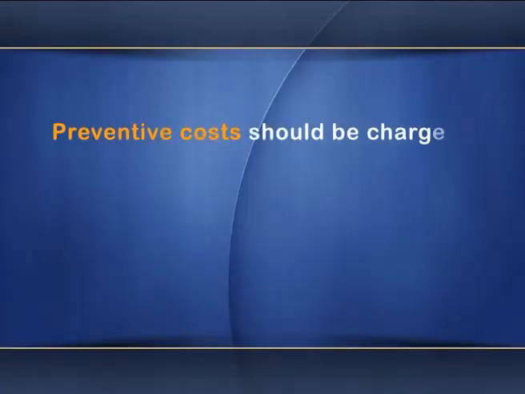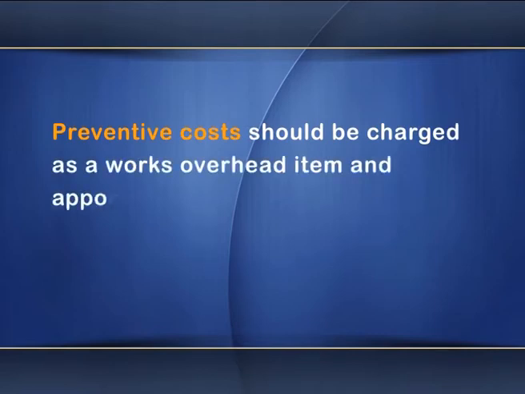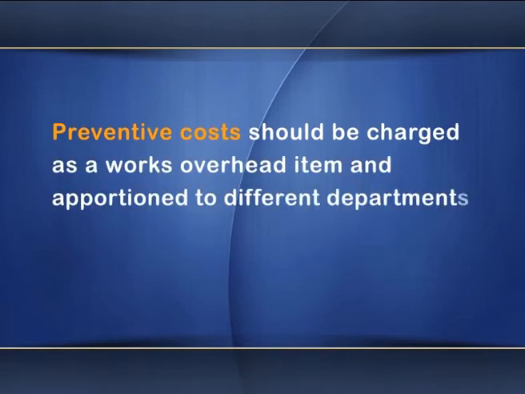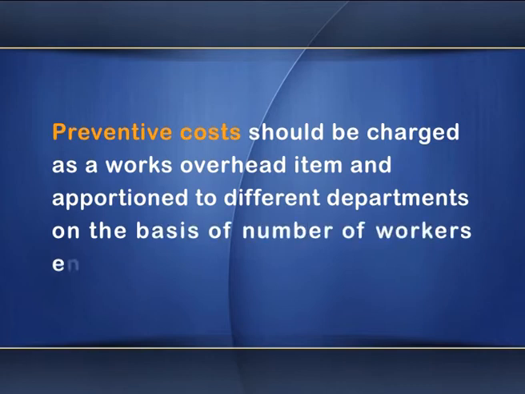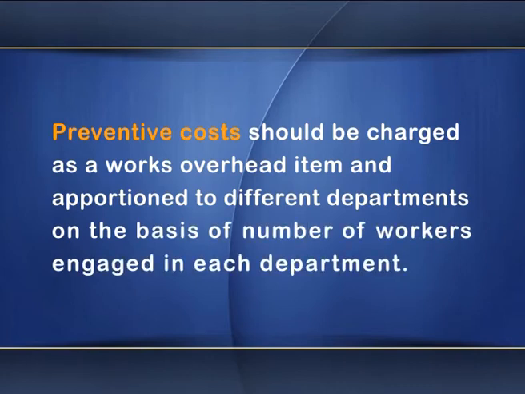Now let us look at the treatment of labor turnover costs. Preventive costs should be charged as a works overhead item and apportioned to different departments on the basis of the number of workers engaged in each department.